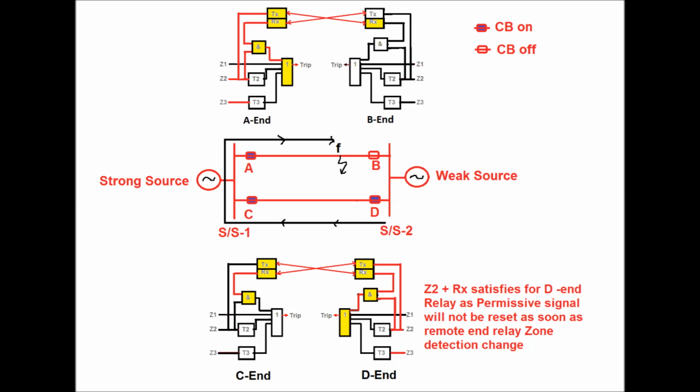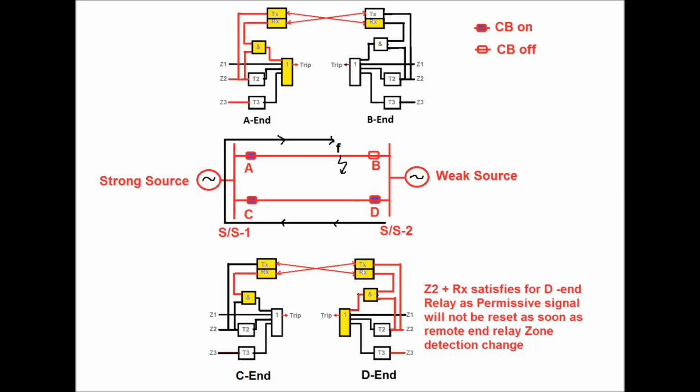Thereby, at the C end relay, the zone 2 and zone 3 detection will be reset since it is a reverse side fault and the fault point is located far from zone 4 locations. Again, for the D end relay, since it already received the permissive signal from the C end relay, it will detect at zone 2 location due to current reversal.